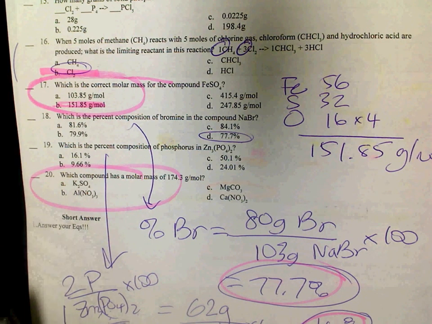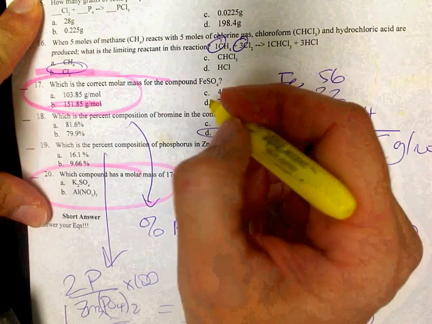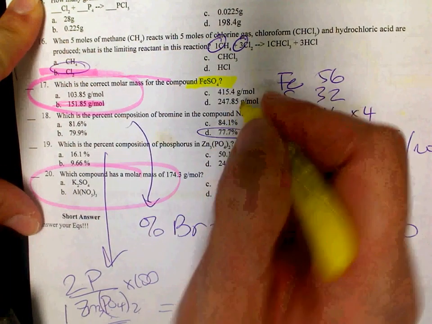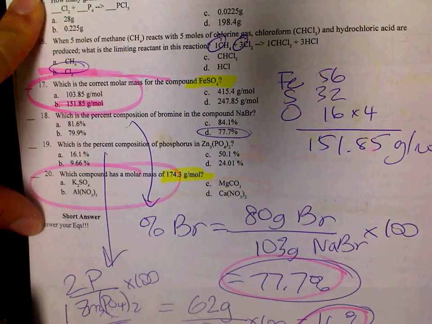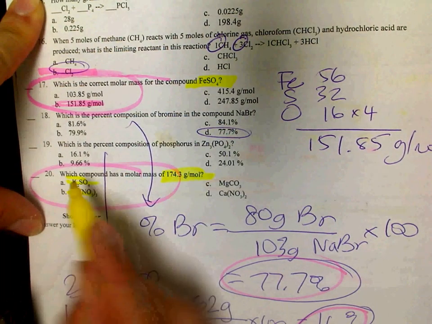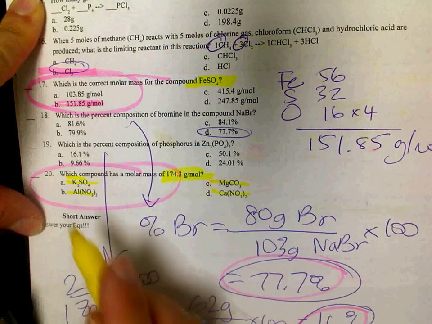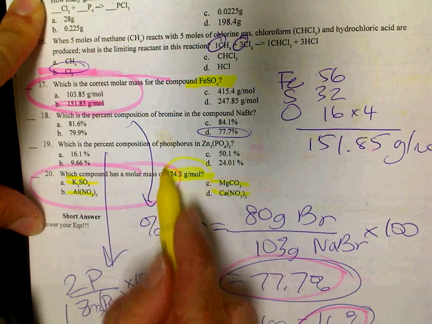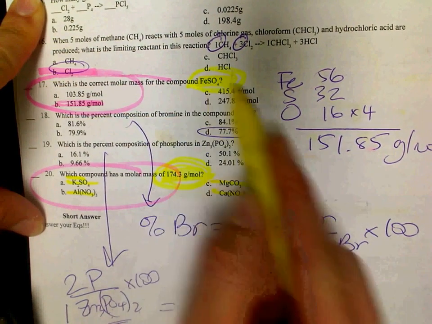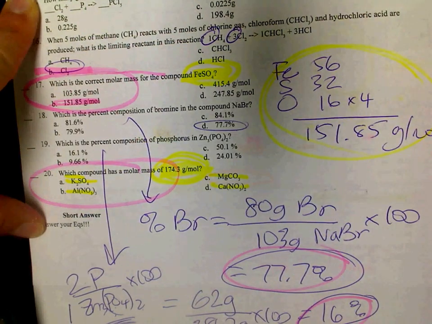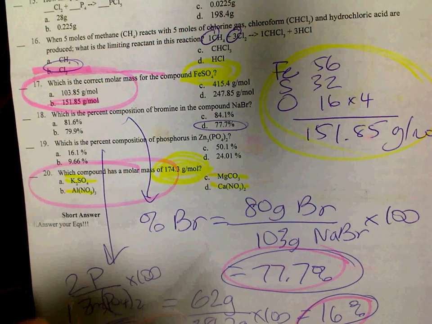No, 17 is more difficult than 20. Who can answer that question for me? Why is this easier than this? How many compounds you got to figure out here? You got to go through all 4 of those till you find something with that mass. What do you have to do here? You know what you're looking for. You just add it up, guys.